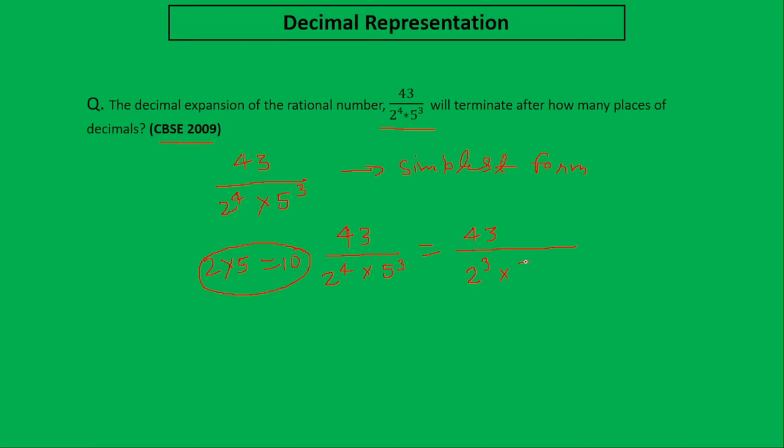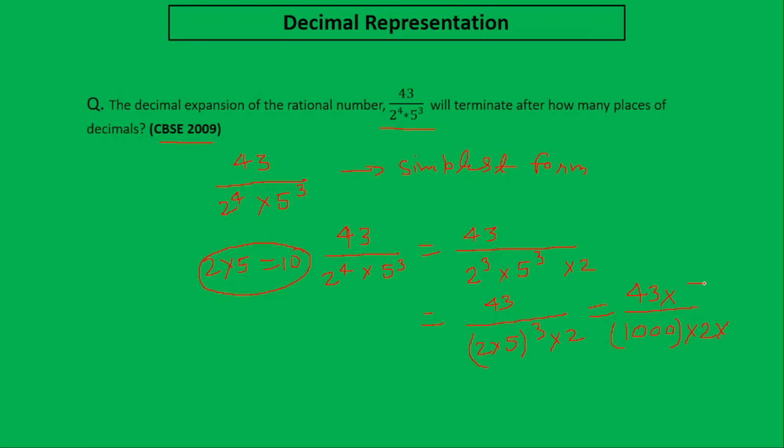So 2 to the power 3 into 5 to the power 3 into 2. So this will be 43 by 10 to the power 3 into 2. Now 10 to the power 3 is 1000, 2 is remaining. So what you do, multiply by 5 to make it 10.